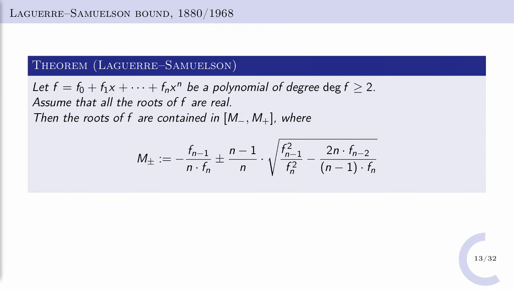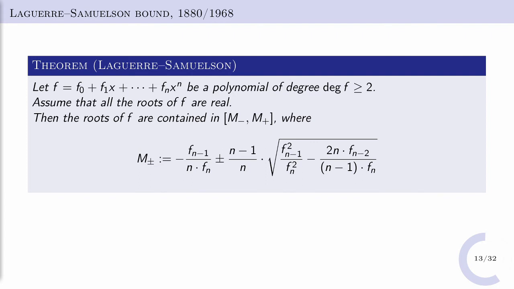However, the cost of it is in the assumption. This formula holds under the strong assumption that all roots of f are real. So f has no non-real roots. So this works like this.